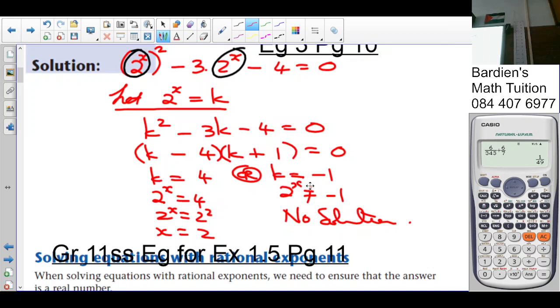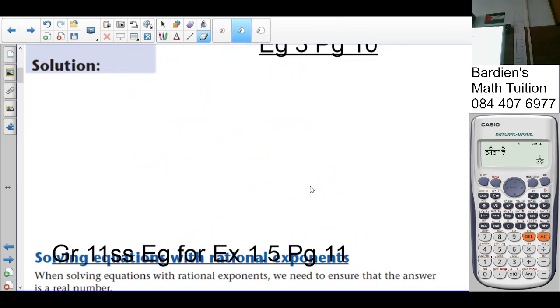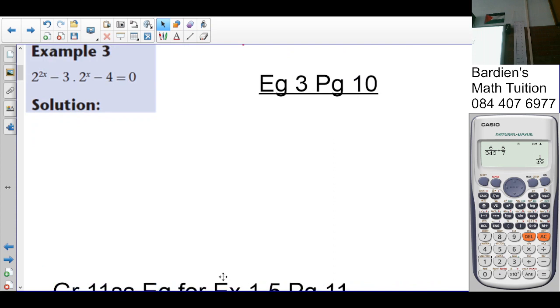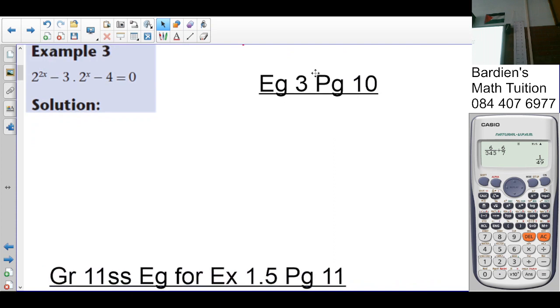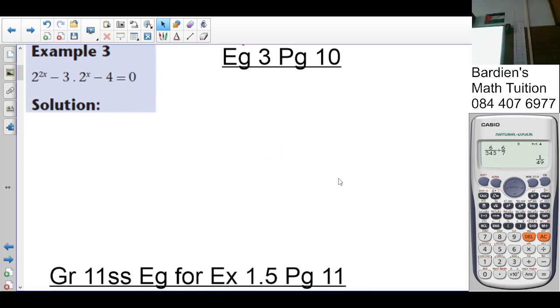Okay, you guys understand? So let's do it again. So again, the question says solve for x. Okay, and we have 2 to the 2x minus 3 times 2 to the x minus 4 is equal to 0. So as you can see here, this is not similar to examples 1 and 2.